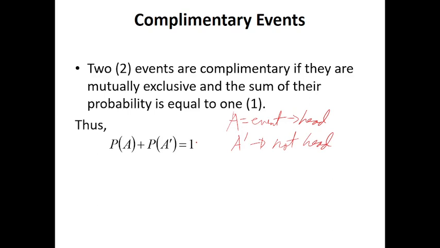So because they are complementary, A and A prime. Two events are complementary if they are mutually exclusive and the sum of their probability is equal to 1. Tapos sinabi natin mutually exclusive ulit, they are events with no common outcomes.